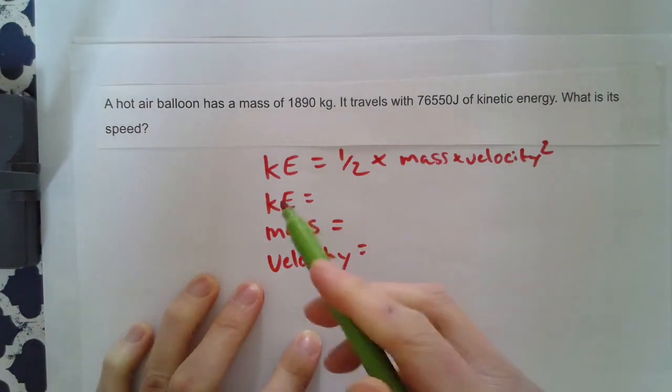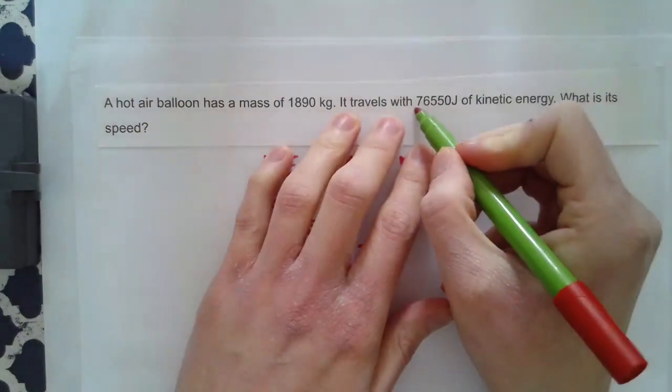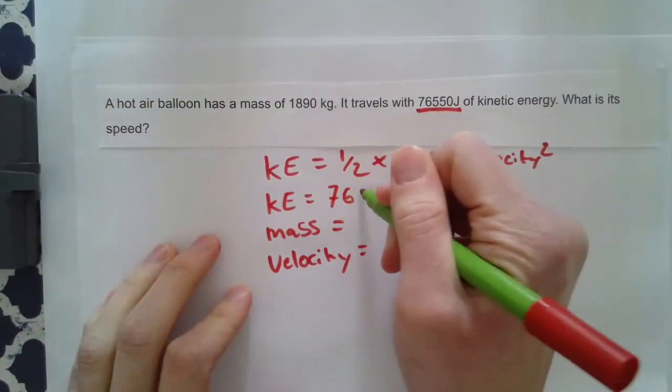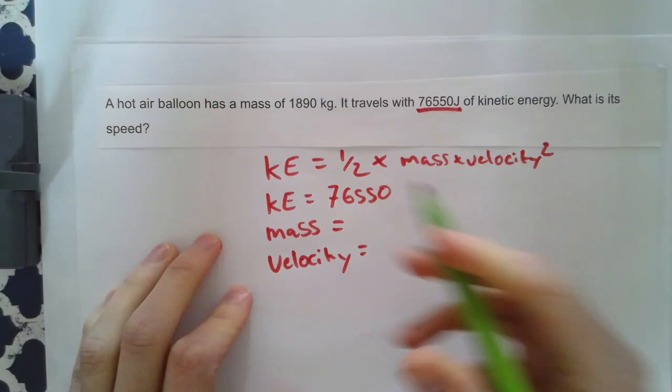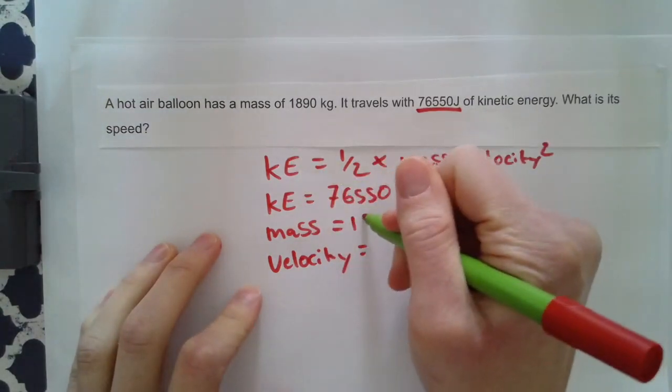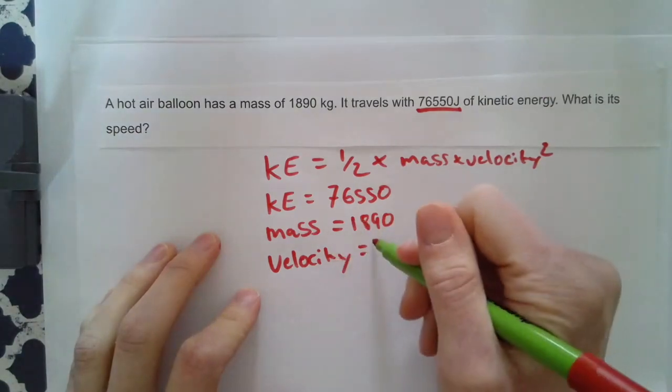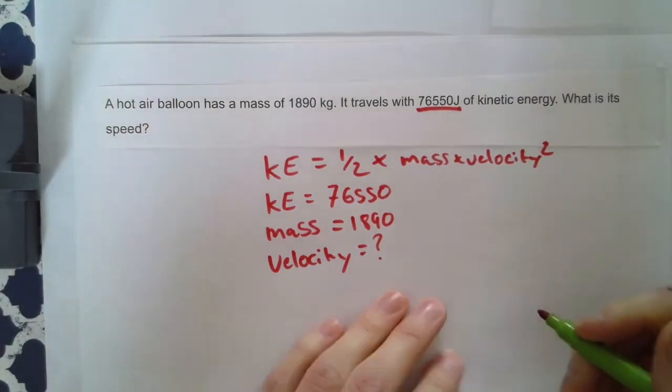Okay, so kinetic energy, this time it tells you that it travels with this amount of kinetic energy, so we can write that in here. My mass is 1,890 and my velocity or my speed is what I'm trying to work out.